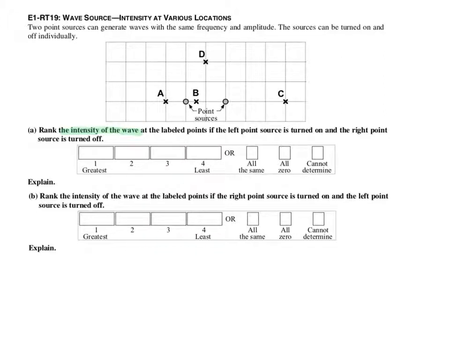at the labeled points if the left point is on but the right point is off. So really ignore the right point source. And so we're going to fall back on, or use, that the intensity of a source relative to some initial place is proportional to the inverse of the squares, because it's going to be some power over 4 pi r squared and the same power over 4 pi r naught squared.